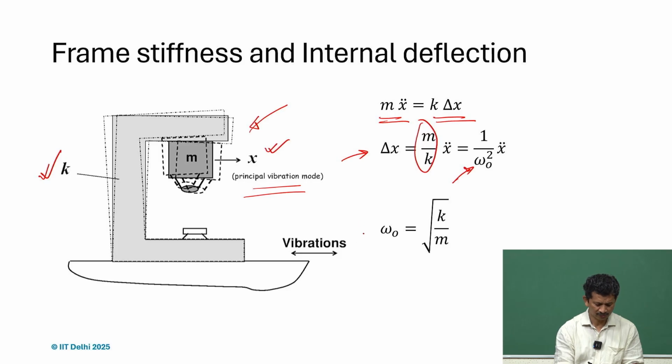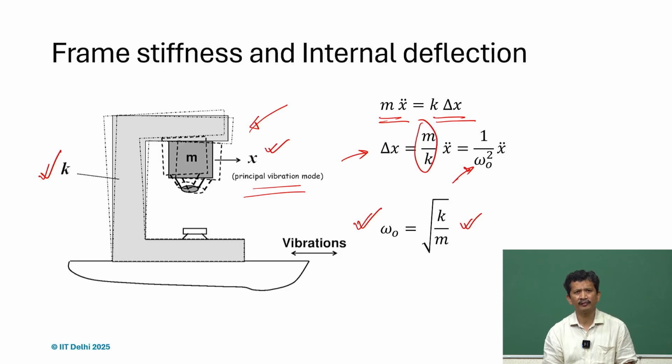This omega naught, or omega 0, is the square root of k by m. When we study vibrations, this frequency is very important, and usually we want a higher value for it, because we do not want our structures moving or vibrating even with small disturbances.